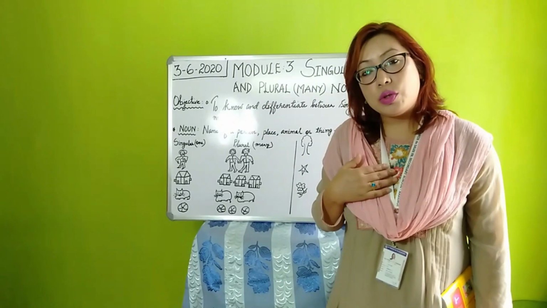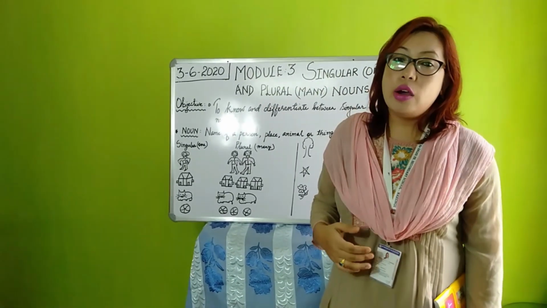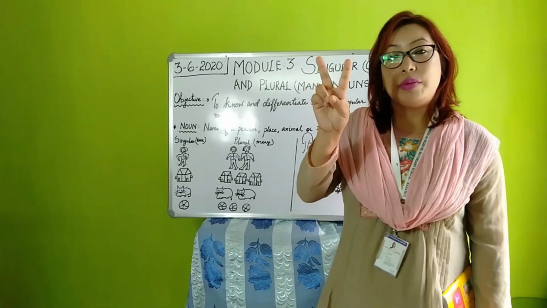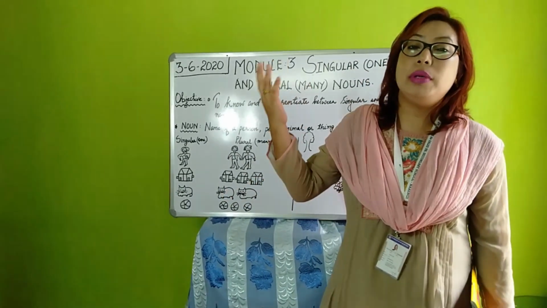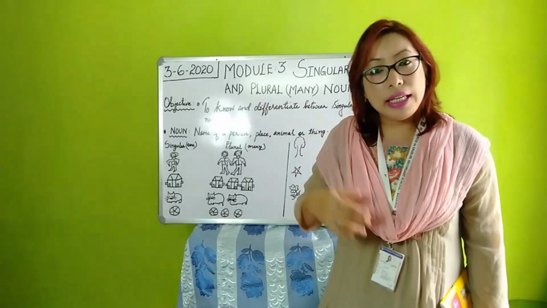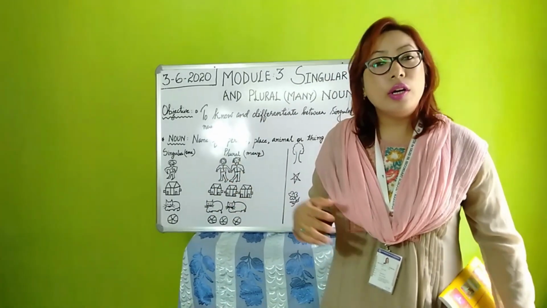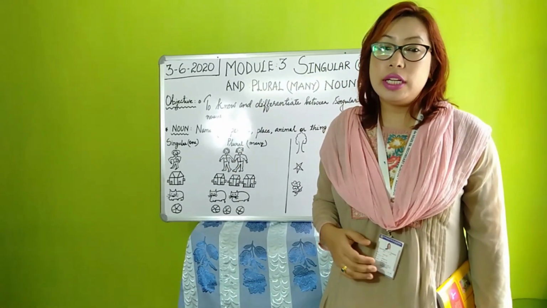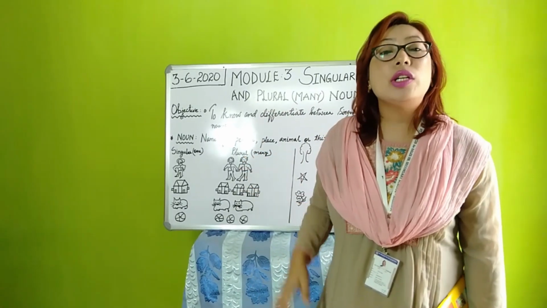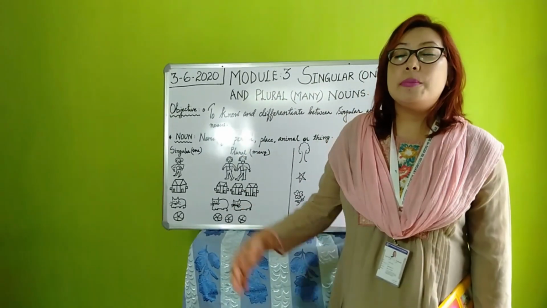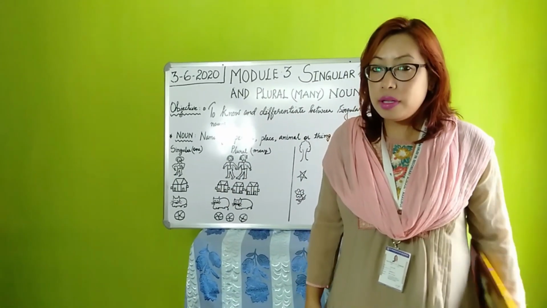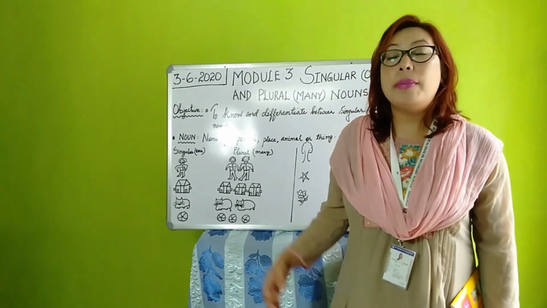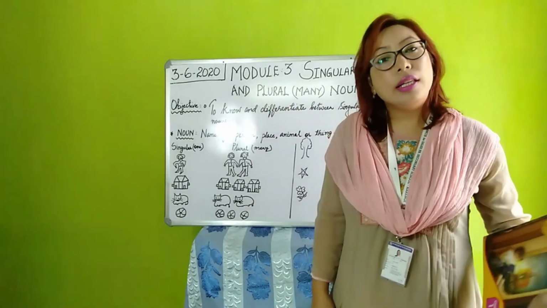I have also taught you that nouns can be of two types. What are they? Common noun, the name of a common person, place, animal or thing. And we have also learned about proper nouns, special names, that means a special name given to a person, an animal, a place or a thing.